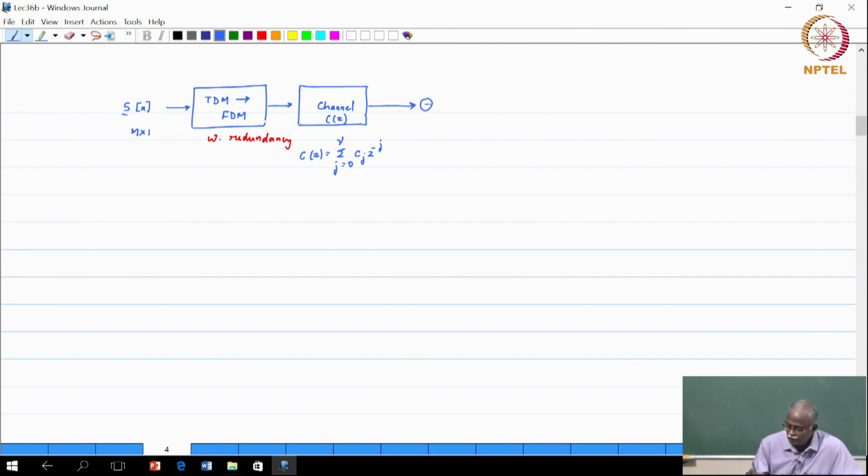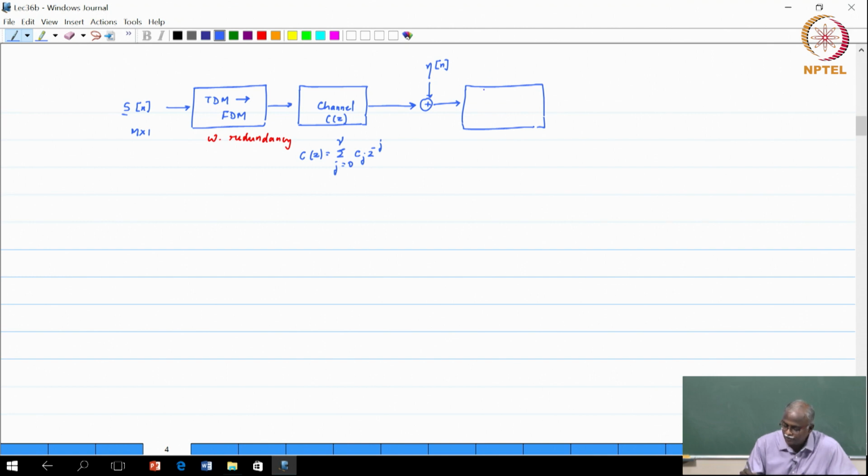We do have noise as part of the system, however, we are not specifically doing anything to suppress it. I will indicate to you where the noise actually shows up. The channel is C of z plus the noise.